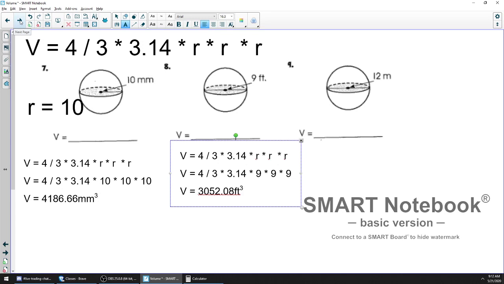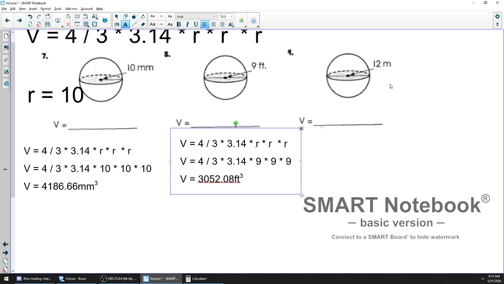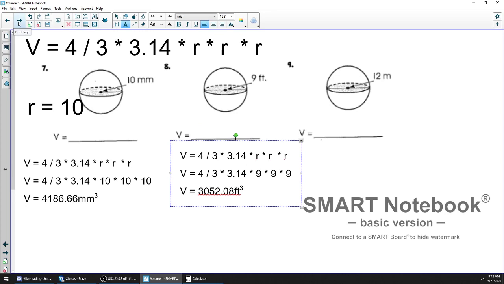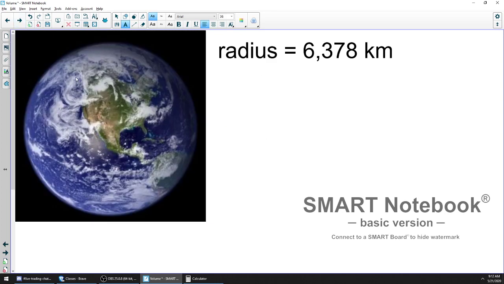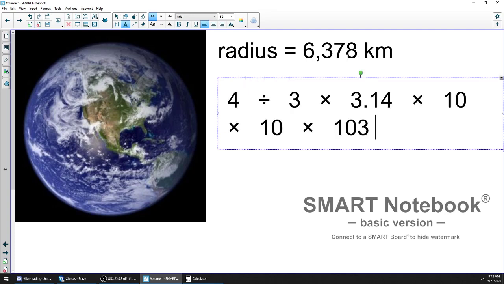Now, let's look at our next problem. The Earth. How big is the Earth? How much stuff can we fill in this Earth? All right. So I looked it up, and the radius is 6,378.